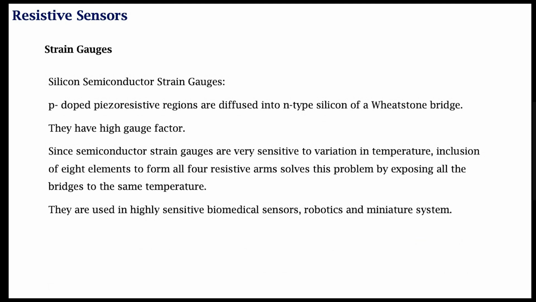So one solution to this is to use 8 silicon elements in all the 4 arms by exposing all of them, because these can be really small, because these are made of silicon, in a really small area, in a really small volume, within which all these 8 elements of the 4 arms are present. It is not likely that the temperature will change by a lot. So the balance of temperature will happen.